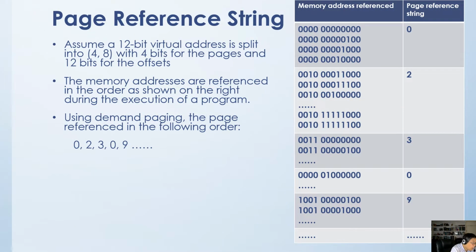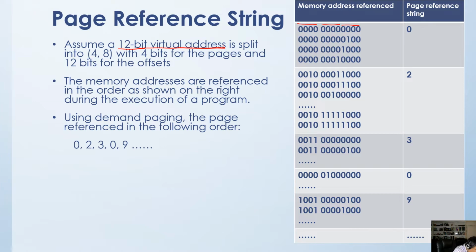So let's talk about the page reference string and why we want to use the page reference string in a page replacement algorithm. Let's assume that we have a logical memory address, which is a 12-bit virtual address. If you count, that's 4, another 4, another 4, right?